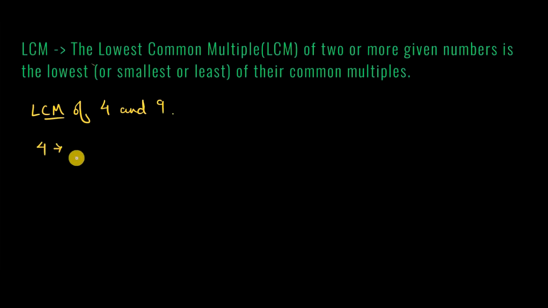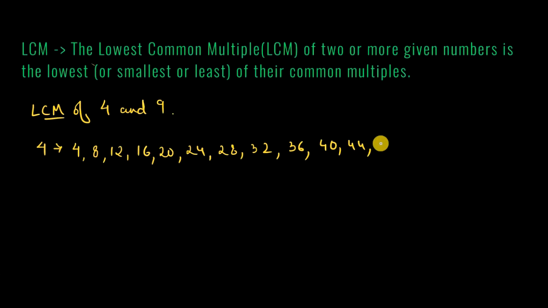First I need to write down the multiples of 4, that is 4, 8, 12, 16, 20, 24, 28, 32, 36, 40, 44, 48, 52, 56, 60, 64, 68, 72, and so on, right?